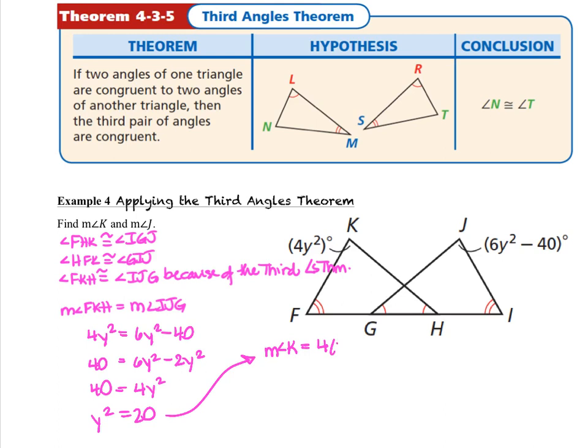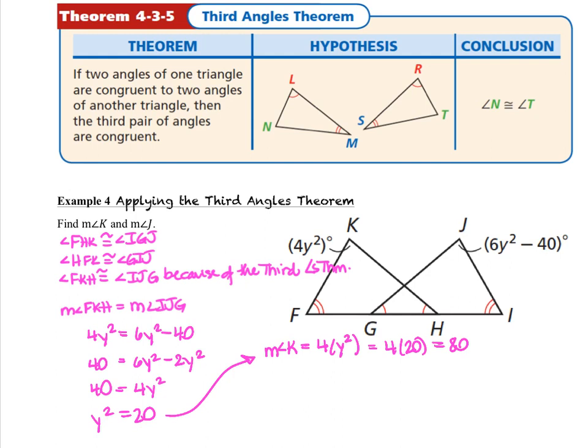So when we come up to 4y squared, we of course plug in our 20 for y squared and end up with a measurement of 80 for angle K.